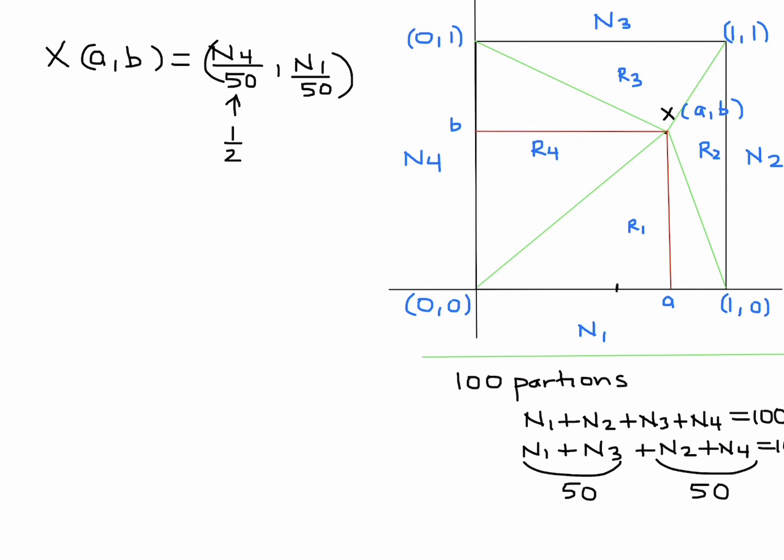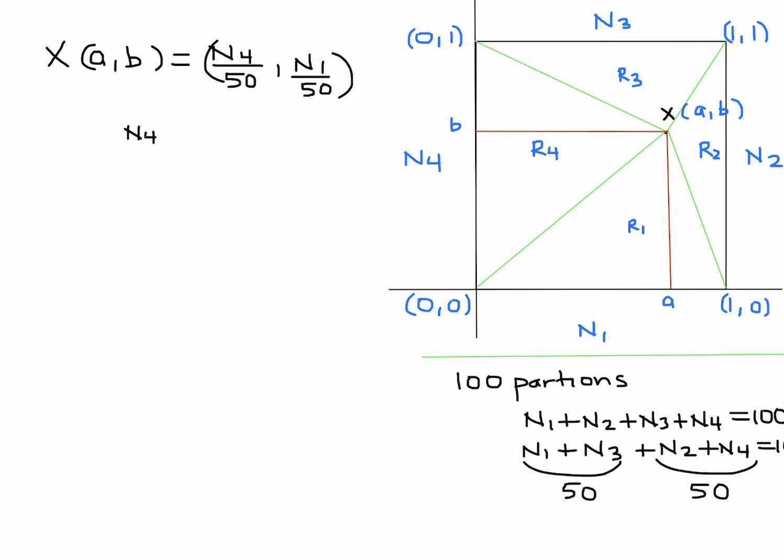So x would have an x coordinate of a half. Does that make sense? Or very similarly, let's say n1 is 10. That would mean this would become 10 over 50, which is 1/5. That means x has a y coordinate of 1/5, which is approximately here. Okay? So this is very helpful at this point.